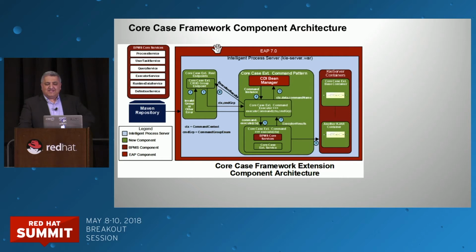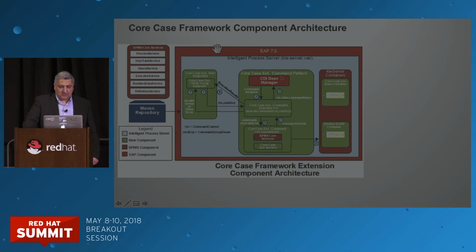So now let's take it one level deeper. How did we utilize jBPM to build what we built? jBPM has all the components to extend its features and capabilities. That's all based on the KIE server, also called the intelligent process server, okay?